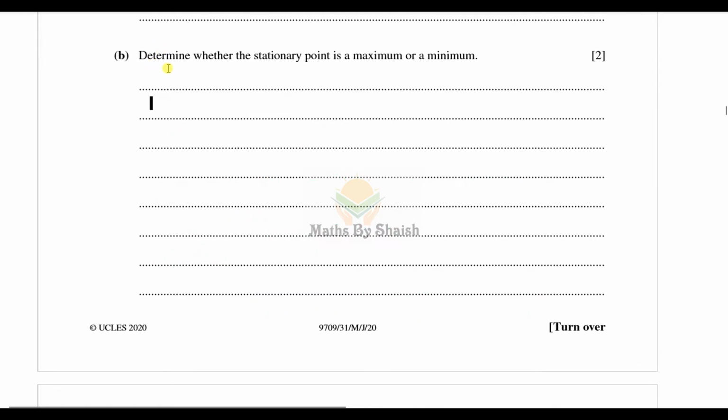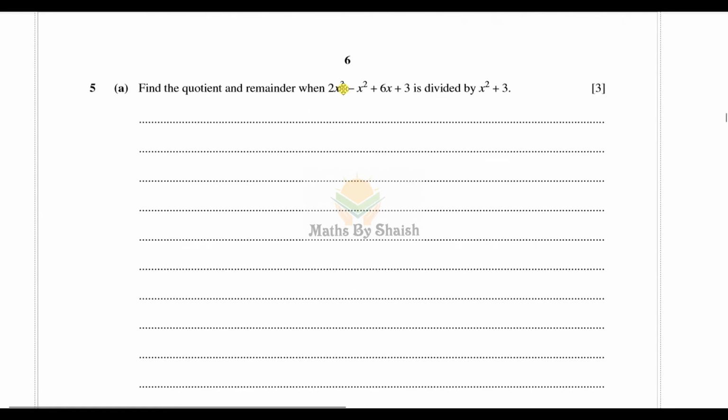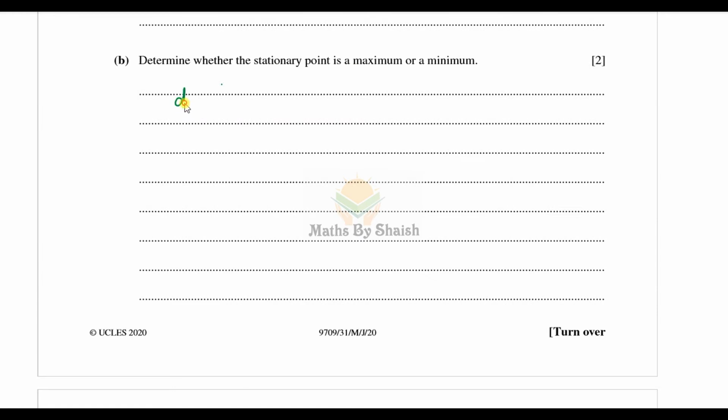Part B is to determine whether the stationary point is a maximum or a minimum point. For that purpose, first of all we require dy over dx, because in order to decide it we require d2y over dx square. So let's write dy over dx.